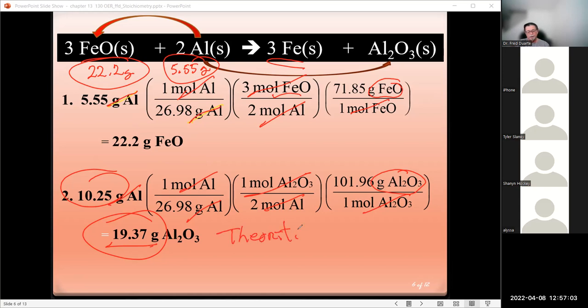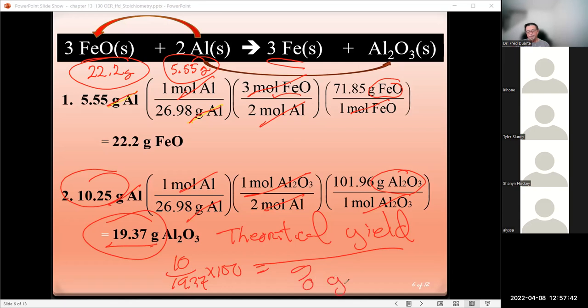It's a little side note here. You may have this in the lab, okay? But in reality, nothing's 100%. I always state that. Nothing's 100%. And so in reality, you may not weigh out exactly 19.37 grams of aluminum oxide. You might maybe weigh out 10 grams. So what we do is we take the 10 grams of actual and divide it by our theoretical, which is 19.37 grams, times 100, and that calculates what we call percent yield.